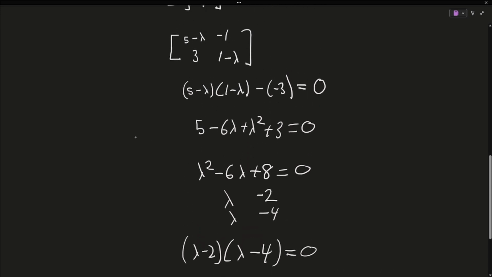So let's start with lambda 1 equals 2. For lambda 1 equals 2, we're going to have this matrix phi minus 2. Okay, 5 minus 2, negative 1, 3, and 1 minus minus 2. Actually no, 5, 1 minus 2, just minus 2, guys.